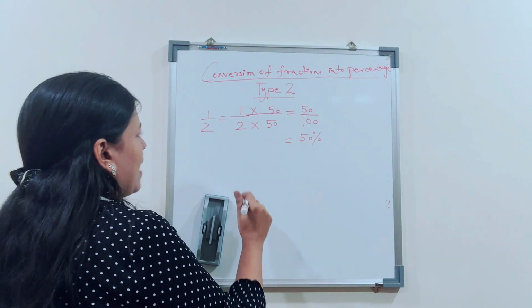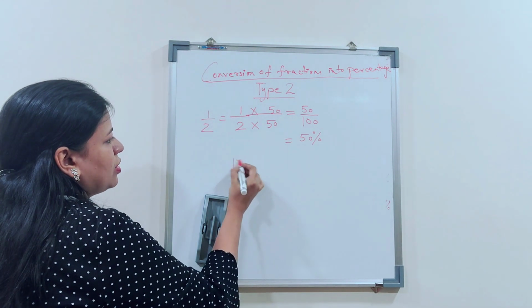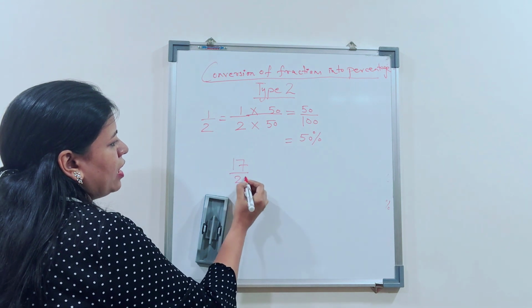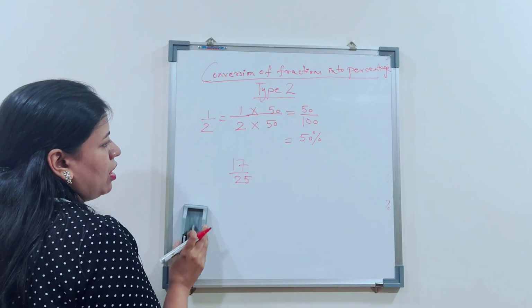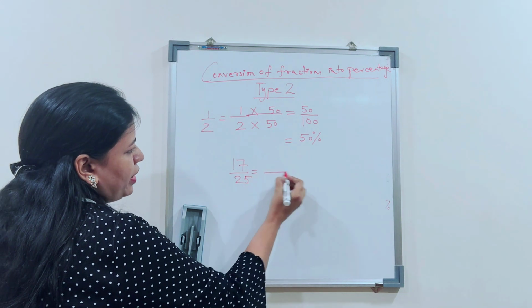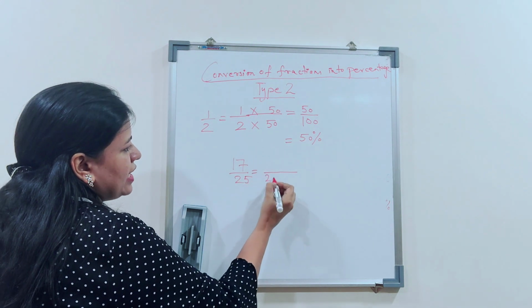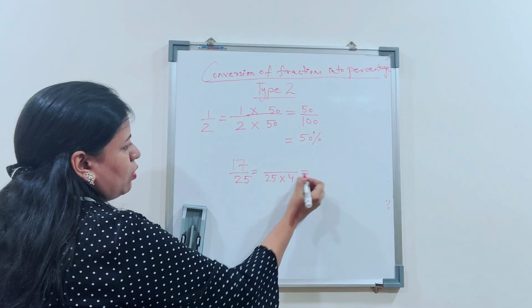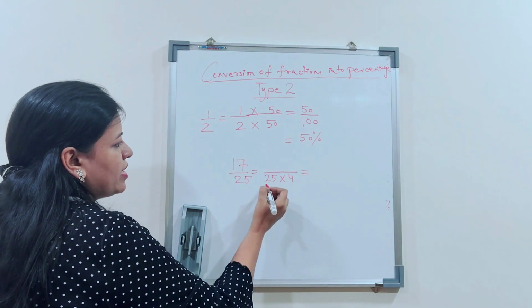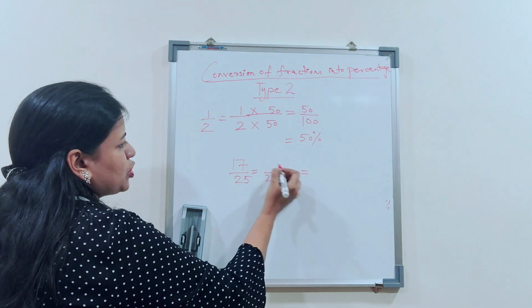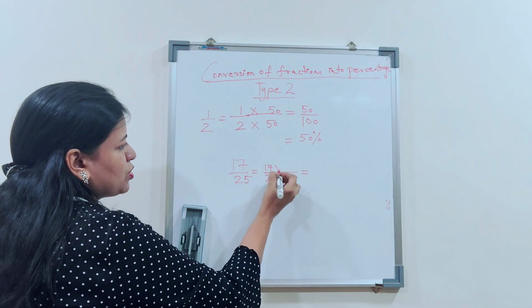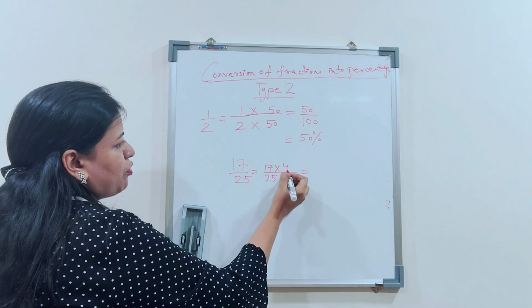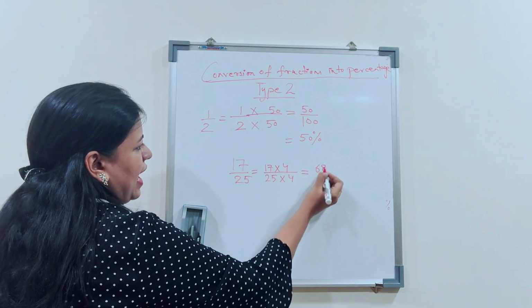Let's take one more example. Say I have a fraction 17 by 25. Now, to make the denominator 100, I need to multiply 25 with 4. So, if I multiply the denominator with 4, 4 has to be multiplied with the numerator also. Now, 17 into 4 gives me what? 68.